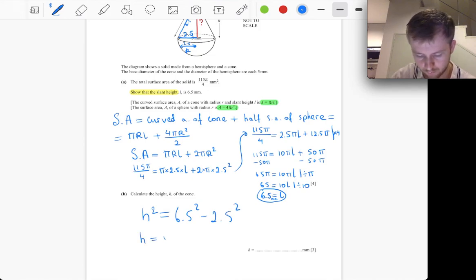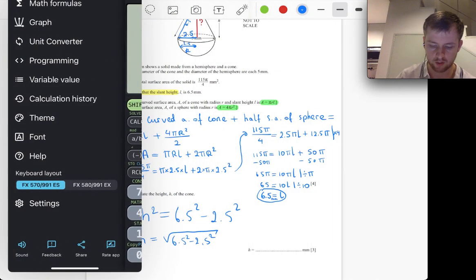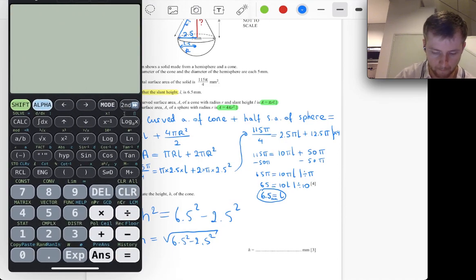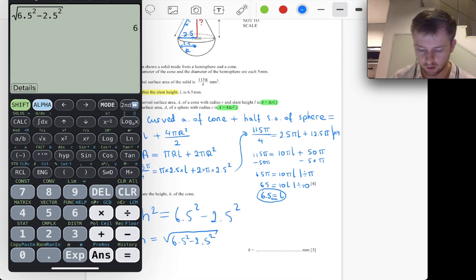So height will be square root of 6.5 squared minus 2.5 squared. And now we gotta pull out the calculator. Square root of 6.5 squared minus 2.5 squared equals 6. So it's 6 millimeters.